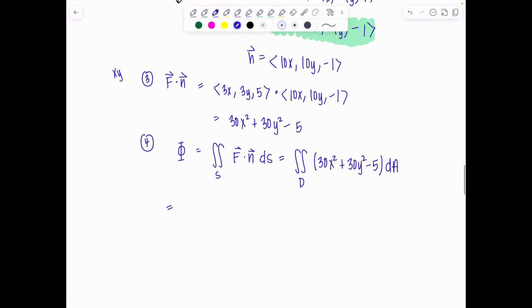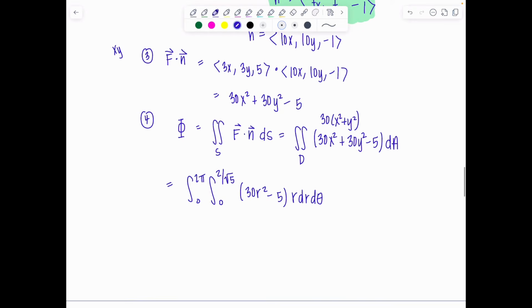So then now I'll say we're going to integrate from 0 to 2 pi, 0 to 2 over rad 5. Now this is 30 times x squared plus y squared, right? So that's 30 r squared minus 5, and dA is r dr d theta. Okay, perfect. From here you should be home free. Make sure you can get 28 pi over 5, and that's it. You can totally just slap a 2 pi on the integral and go from there.